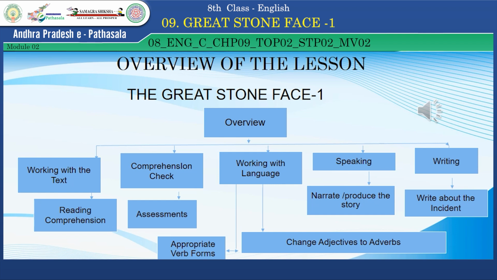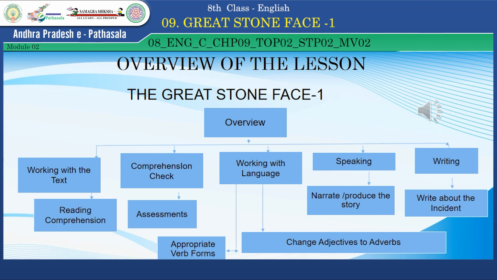Overview of the lesson. In the second part of the Great Stone Face 1, we have the subtopics working with the text, comprehension check, working with language, speaking and writing. Working with the text includes reading comprehension, comprehension check includes assessments, and under working with language, I will cover change of adjectives into their corresponding adverbs and fill in the blanks with the appropriate verb forms.